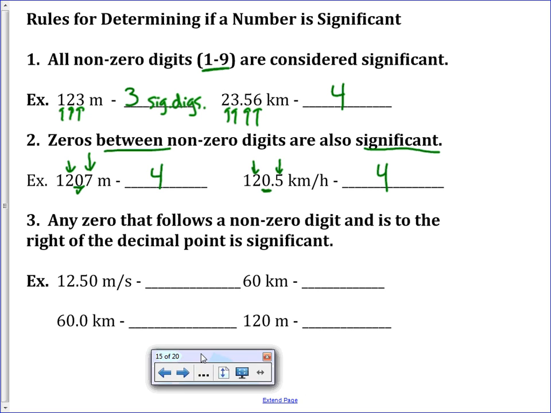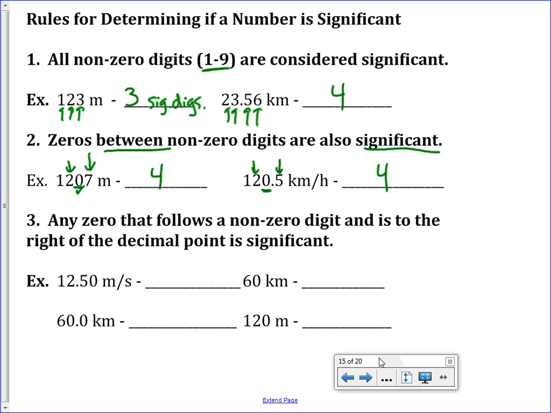In the next rule for determining significant figures, any 0 that follows a non-zero digit, and, the key word here, and, is to the right of a decimal point, is counted as significant. So in the following example, we have 12.50 meters per second.